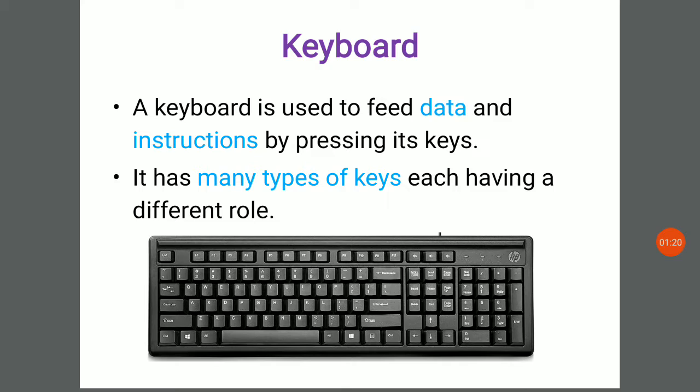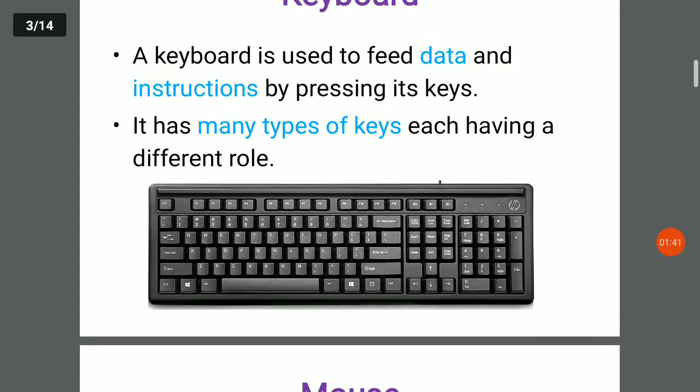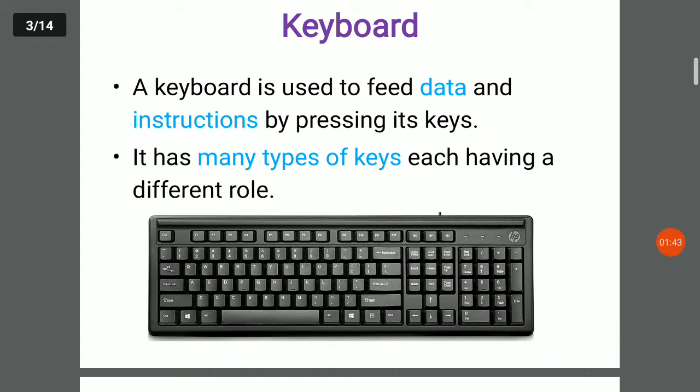There are so many keys on the keyboard through which we can type letters and do calculation. The alphabetic keys are there through which we type ABCD. Numeric keys are there through which we type 1 2 3 4, and some symbol keys are there. So there are different types of keys on the keyboard.